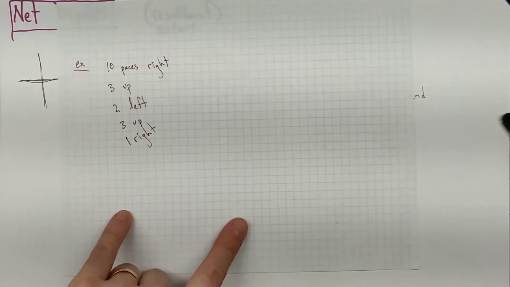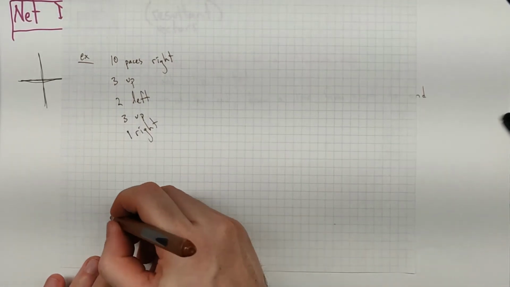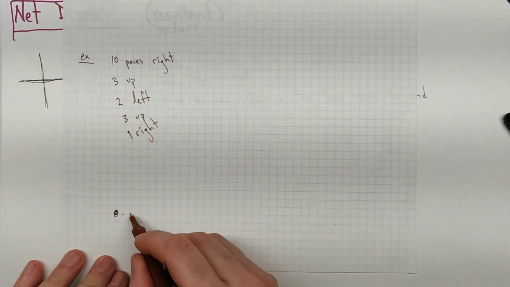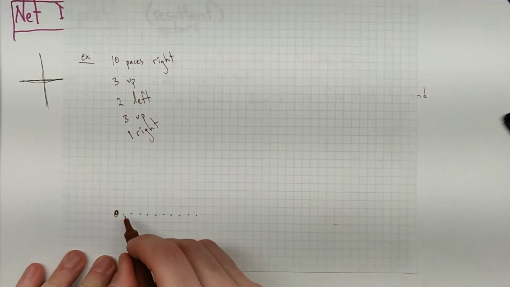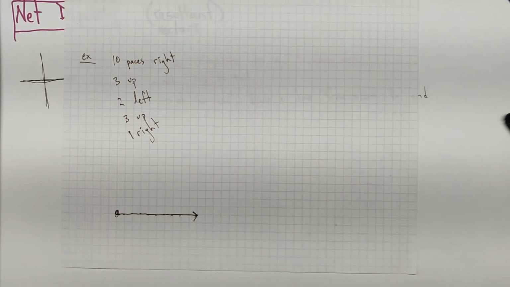All right, whatever that is. X marks the spot, right? So if we are starting maybe right here on our map, I want to go 10 paces to the right, 1, 2, 3, 4, 5, 6, 7, 8, 9, 10. So I would have a vector this large in this direction.